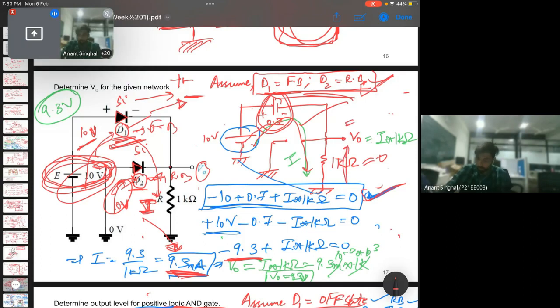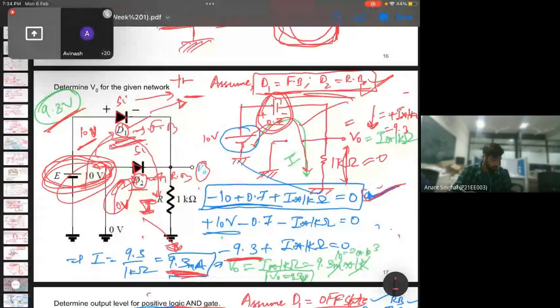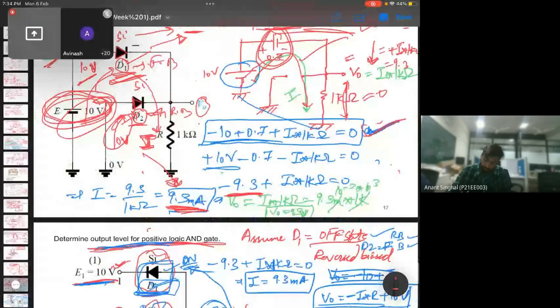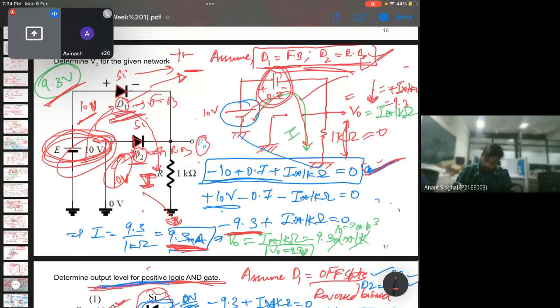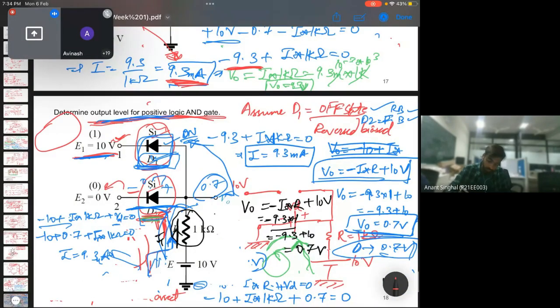So it is similar to this question. So here also you can see this V naught is nothing but, since the current is in this direction, this is plus I into resistance. That is why we got 9.3 as the answer of this question. So the answer to this question is 0.7 volts.